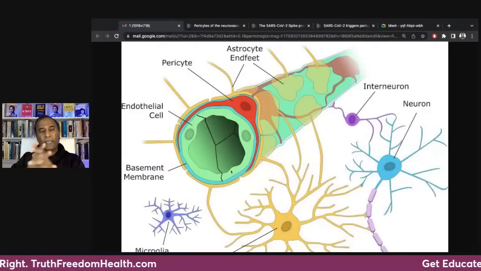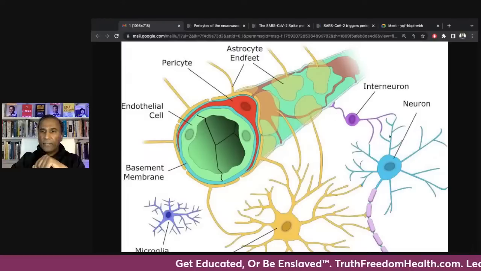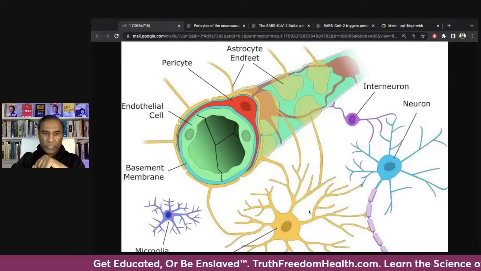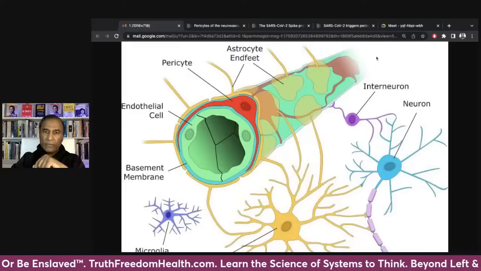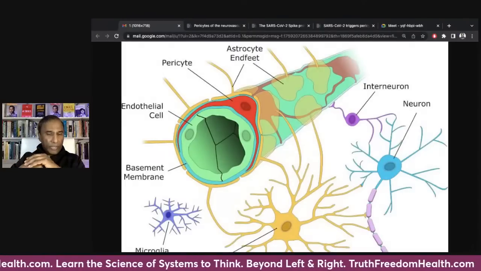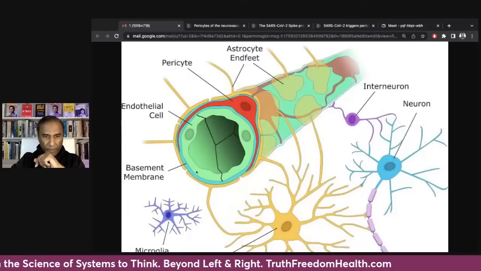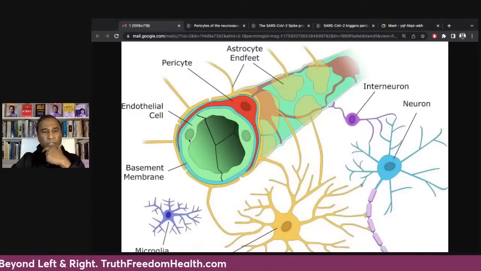And what we're looking at here is the capillary, the vasculature feeding your brain. Outside of this is a neuron, and here's an astrocyte, here's a microglia. But just consider that this little tunnel is one little vasculature feeding your brain. Okay, and the basement membrane is here, and then you have the cell, which is composed of the endothelial cells.